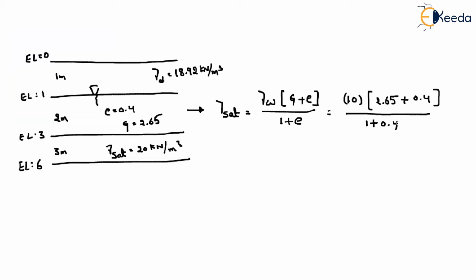If you solve this, we get a value of around 21.7 kilonewton per meter cube. Right? For the first layer, gamma_d is 18.92; for the second layer, 21.7; for the third layer, 20 kilonewton per meter cube.